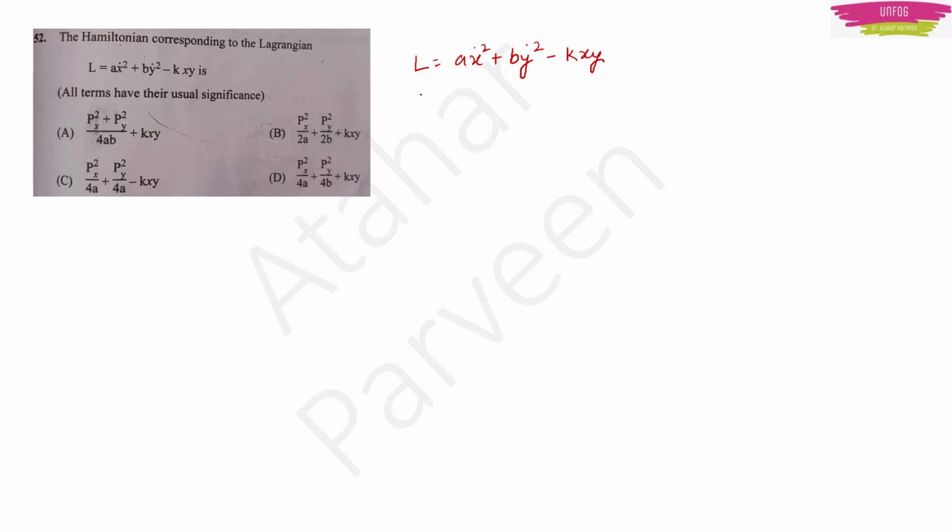Now first find the momentum px. How do you find it? You differentiate the Lagrangian dL by dx dot. If you differentiate it with respect to x dot, you get 2a x dot. So my x dot will become px by 2a.